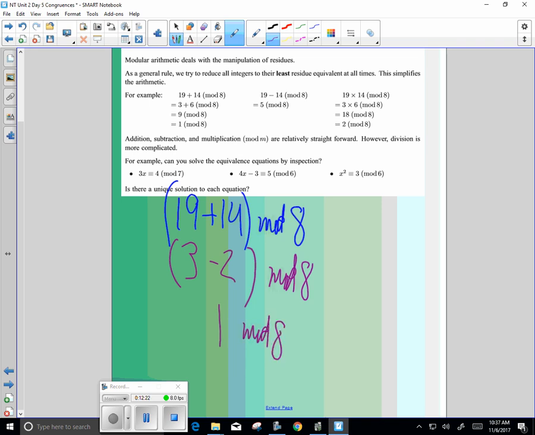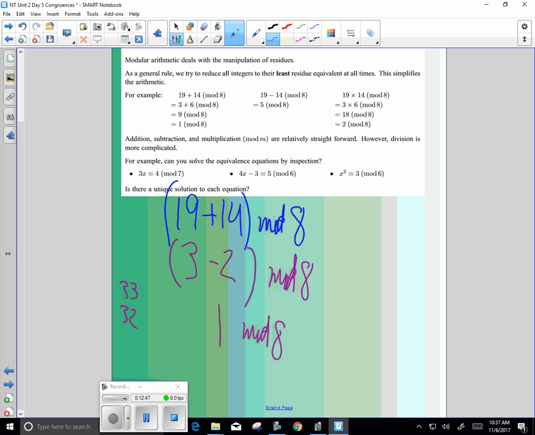Now, if you took 19 and 14 and you added it up, you get 33. That's really close to what multiple of 8? 32. So how much larger is it? It's 1. But see how this playing around? And this is the part that I like, is you could do this 50 different ways and end up with the same answer. And this is where the creative part is kind of fun.